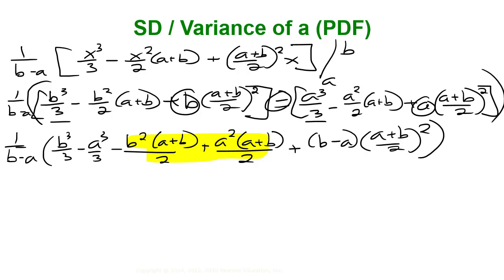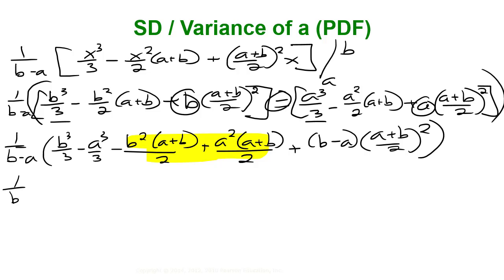So we can put a common denominator of 6 or anything else. We end up doing 12 because it's going to give us the numbers that we need to get a perfect cube. That's where we're going with all of this. So basically we're going to change everything to be over 12.